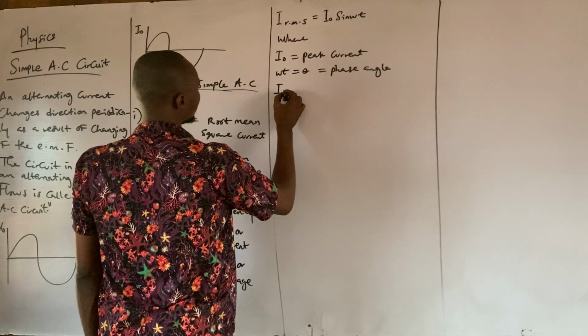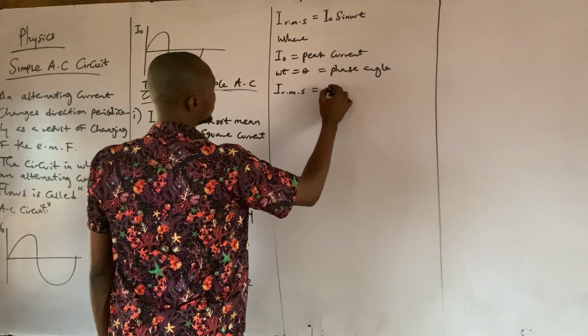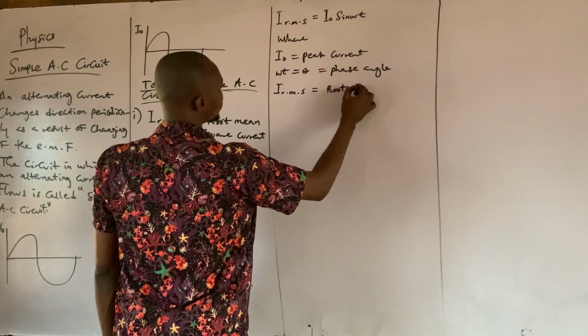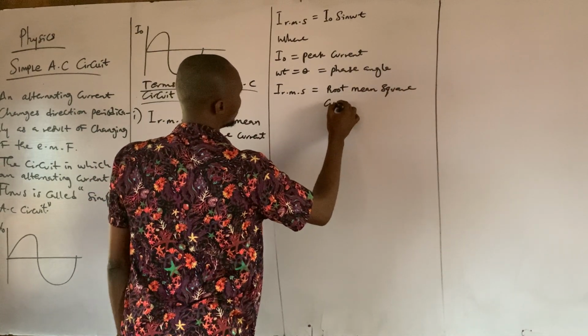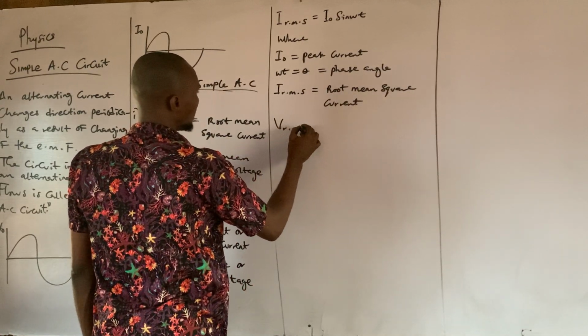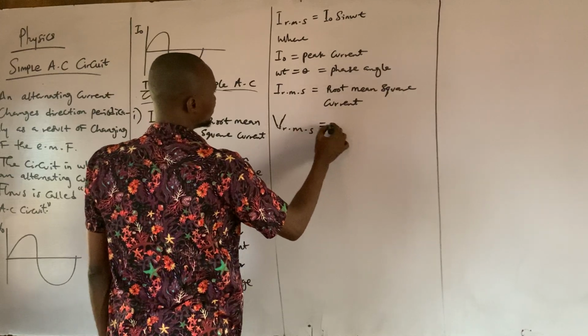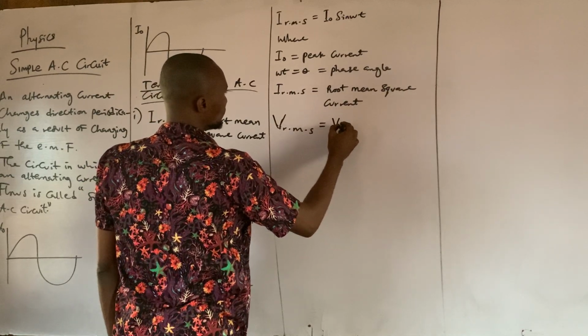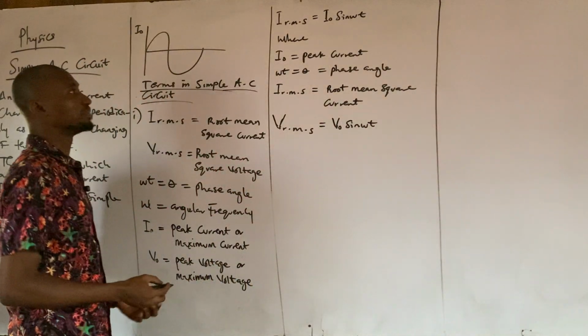So this is equal to root mean square current. So we also have V is equal to VO sine WT.